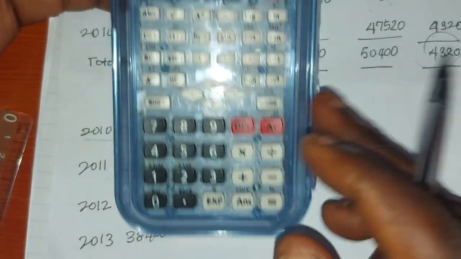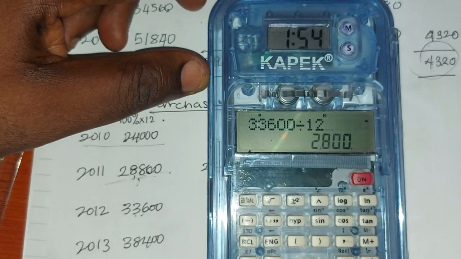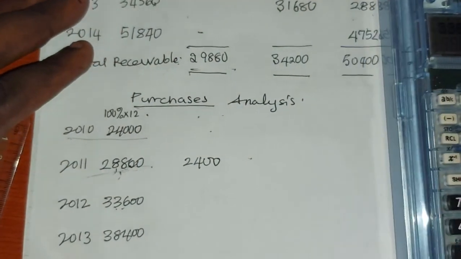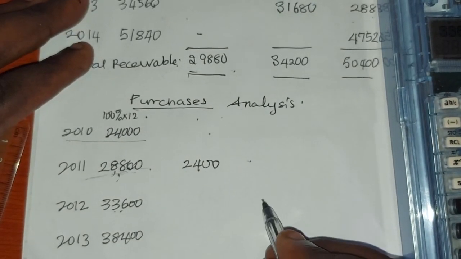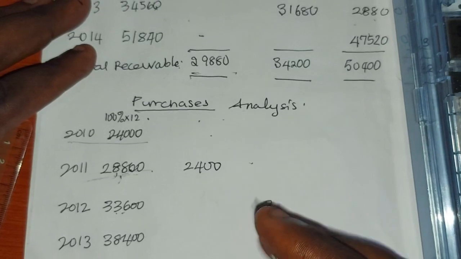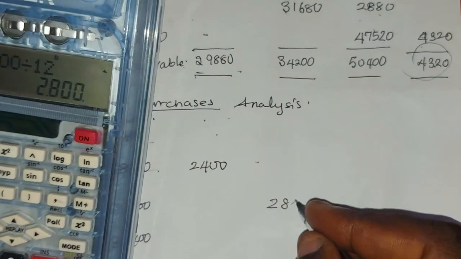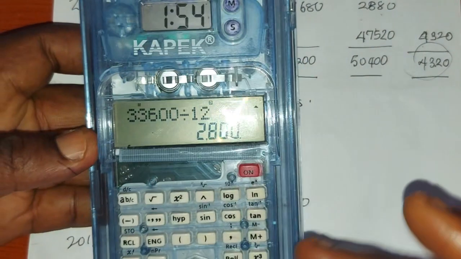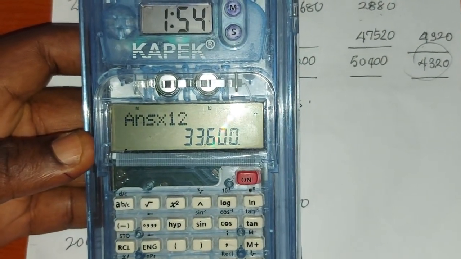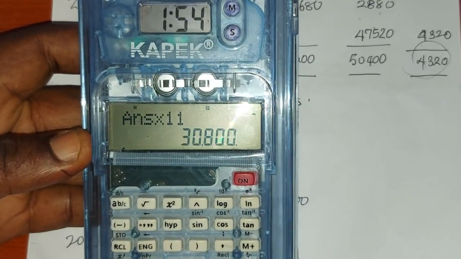33600 divided by 12. That is 28, and that will be paid in 2013 to the one of December. 2800. Then you have 2800 times 11.